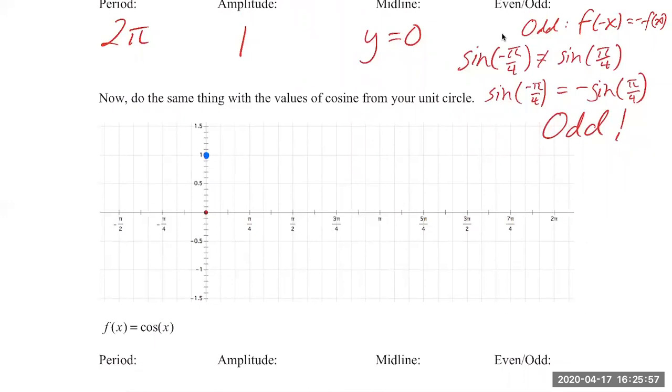After that, things continue more or less as we might hope. The cosine of pi over 2, the x-coordinate, is actually 0. And the cosine of pi will be negative 1. The cosine of 3 pi over 2, it's again 0. And finally, the cosine of 2 pi is 1.